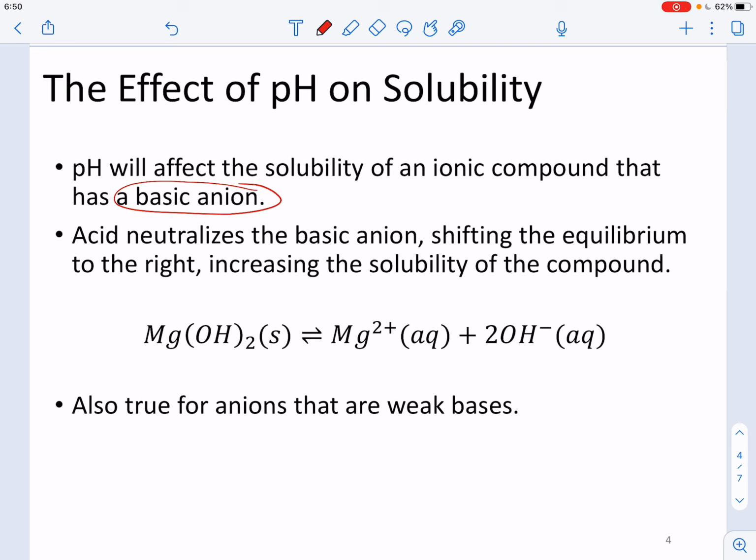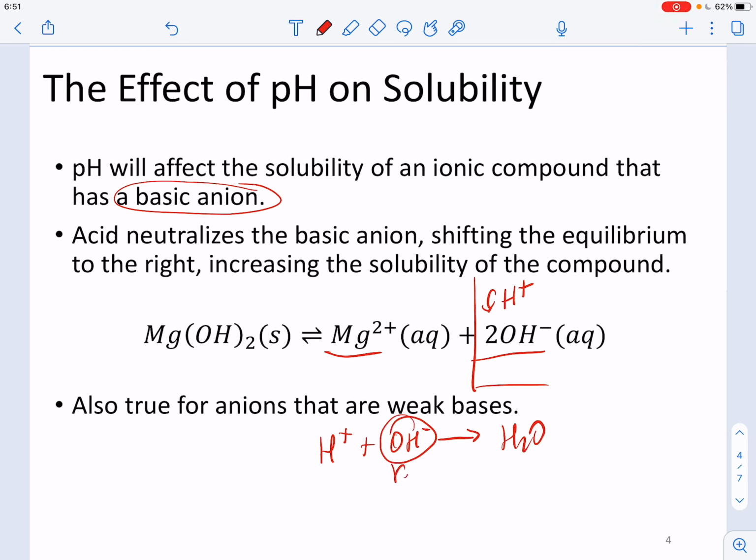So in this particular case, we have magnesium hydroxide. And the equilibrium in magnesium hydroxide, you obtain 1 magnesium ion and 2 hydroxides. Okay? So now think about this. If you focus your attention on the hydroxide, and you are adding H plus, what is happening here? Well, the hydroxide will react, so H plus and OH minus will go to H2O. So you are removing the hydroxide. And what happens if you are removing the hydroxide?